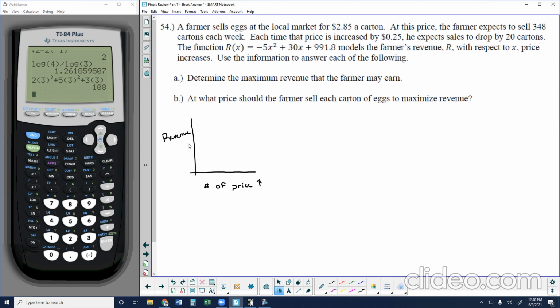If I sketch my graph here, I have negative 5x squared plus 30x plus 991.8. I'm going to have to manipulate my graph a little bit to make sure that I see what I want in my window. So I'm going to set my X minimum to 0. I can't have less than 0 price increases. I'm going to leave the maximum as 10 for right now and see what happens to the graph. Then I'm going to go to zoom and down to 0, zoom fit.